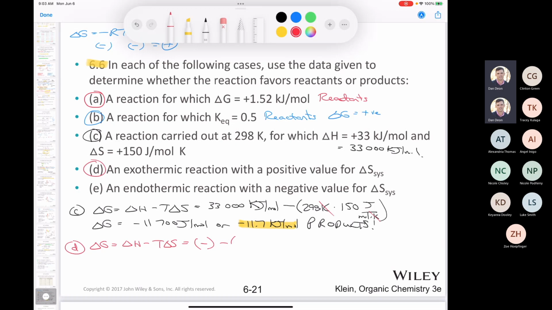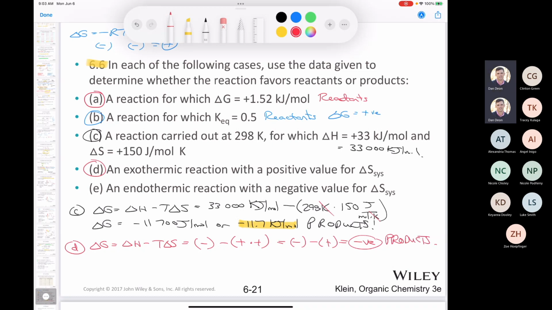Then I'm going to subtract T, which is always a positive number. And then I've also got a positive value for my delta S. So that means you've got a negative, subtract a positive. And when you take a negative and you subtract a positive, you always end up with a negative number. And if it's a negative number, that means it's going to favor the products. So we'll scribble that in here. Products.